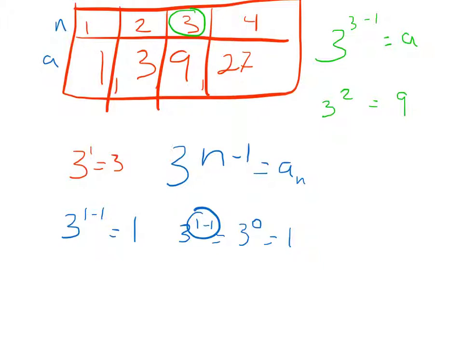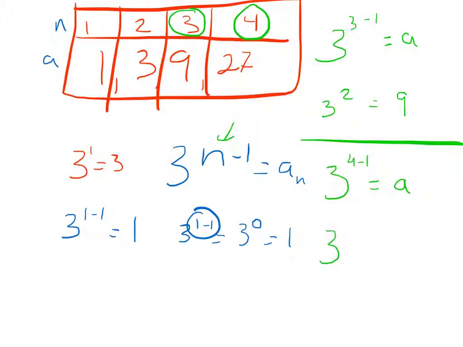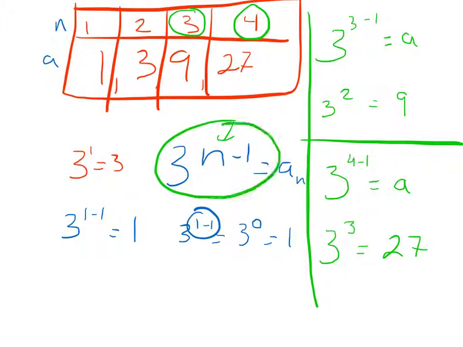Let's try it for the fourth number. Take my big number 3, and the 4 goes where the letter N is, because that's the fourth number. So I put a 4 minus 1 will equal A. Now 4 minus 1 right here equals 3. So I'll put in the 3 to the third, and that will equal 27. So this is a correct pattern.